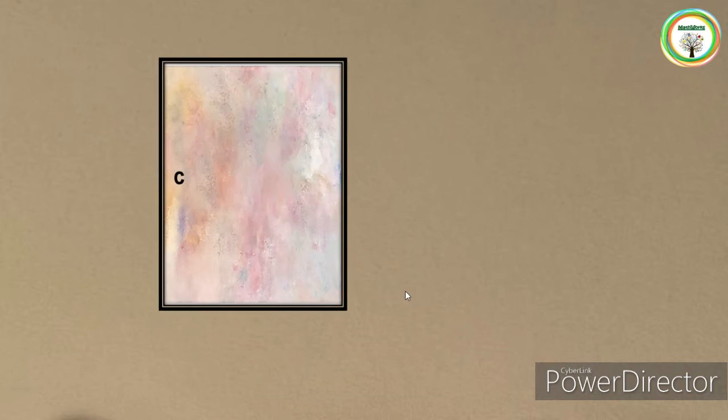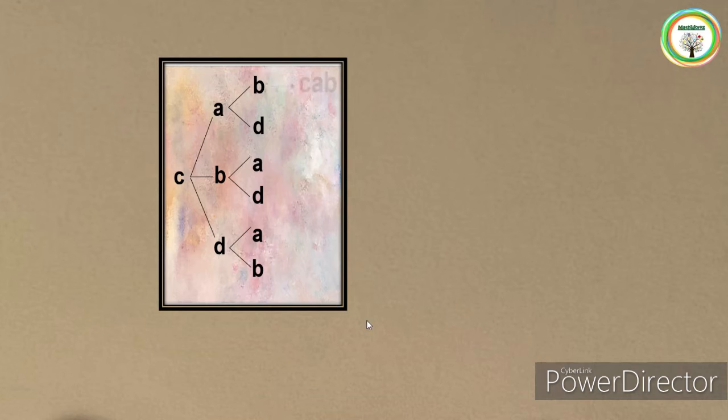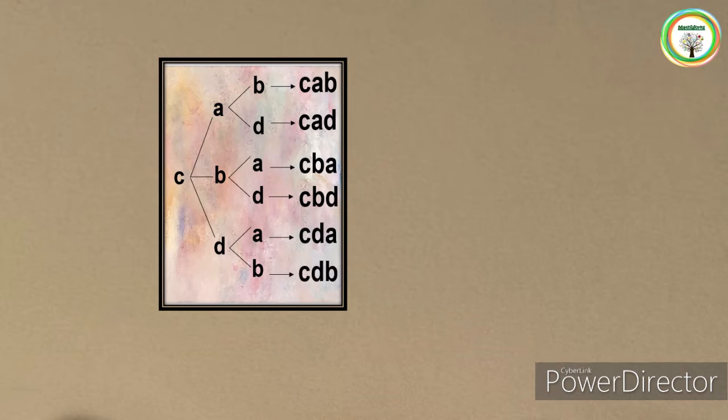Next, what if the first letter is C? So for the second letter, we have A, B, and D. Then, for the first letter is C, the second letter is A, third letter could be B or D. Then first letter is C, second letter is B, third letter we have A or D. Then first letter is C, second letter is D, third letter could be A and B. The possible arrangements are CAB, CAD, CBA, CBD, CDA, and CDB.